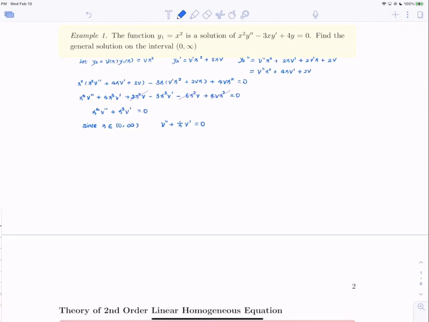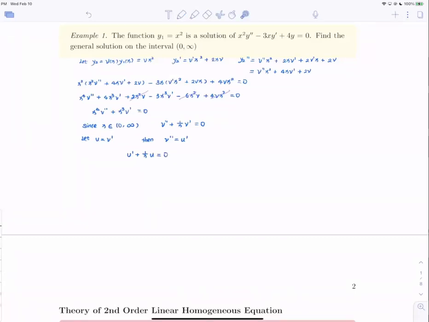Now you can let u equal v prime. If you let u equal v prime, then v double prime is going to be u prime. So this whole ODE becomes u prime plus 1 over x u equals 0.